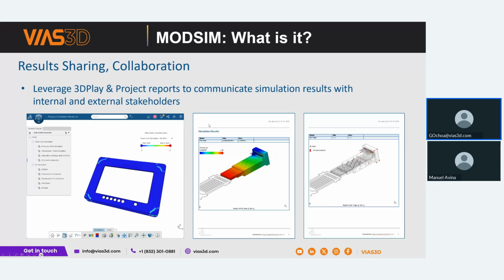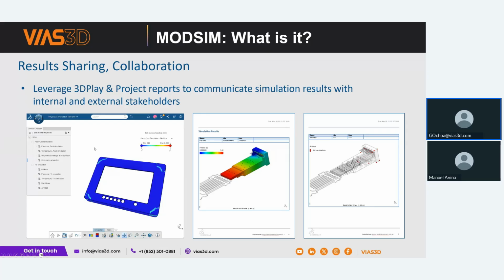And just to let people know, after the simulation is run, if the simulation user needs to share results with other external stakeholders, the manager or some people from the shop floor, they can use the web browser to give them access to check some results.